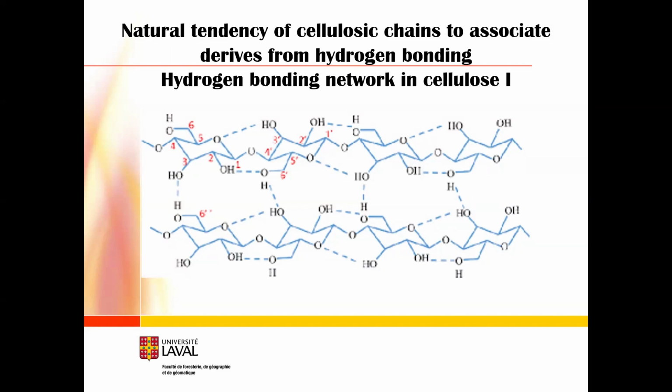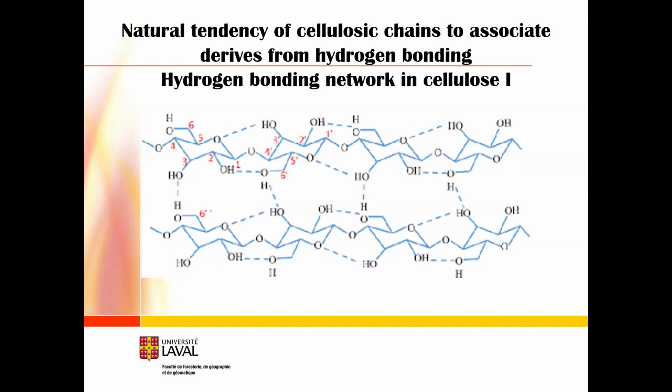This is due to the formation of the intramolecular and intermolecular hydrogen bonds. Intramolecular hydrogen bonds go from one side to the other of the cellulosic chains, and they keep cellulose in this rigid, extended shape.